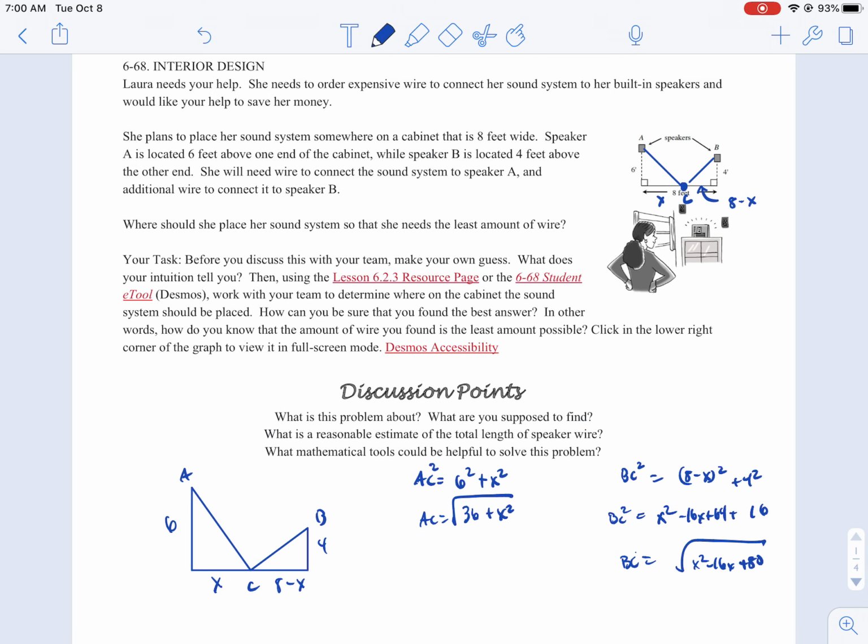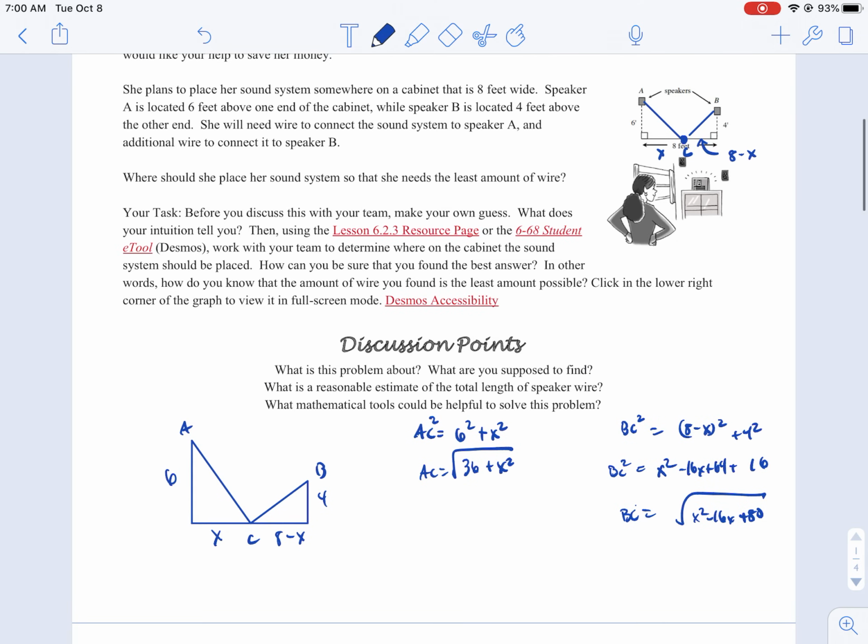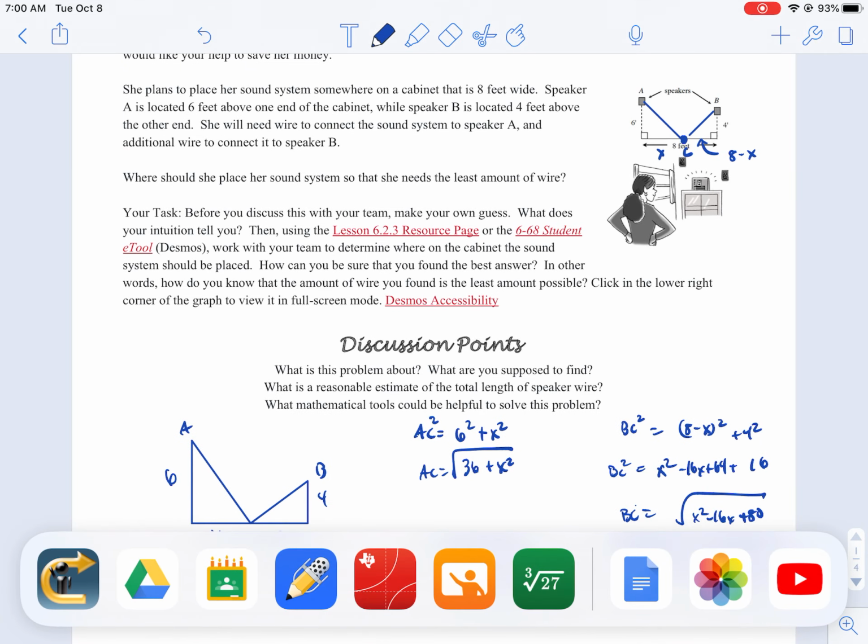And then we want to minimize this, so I'm going to add AC plus BC, and we want to look for a minimum. So the square root of 36 plus X squared plus the square root of X squared minus 16X plus 80. So now I'm going to go to Desmos and graph those.